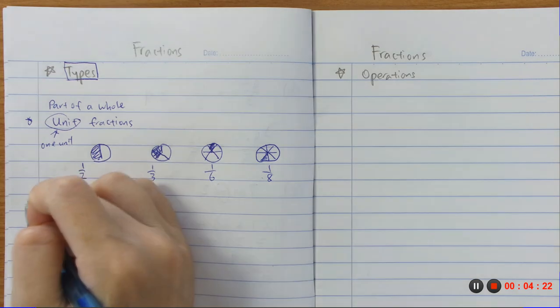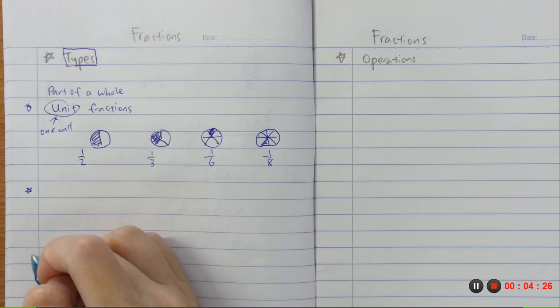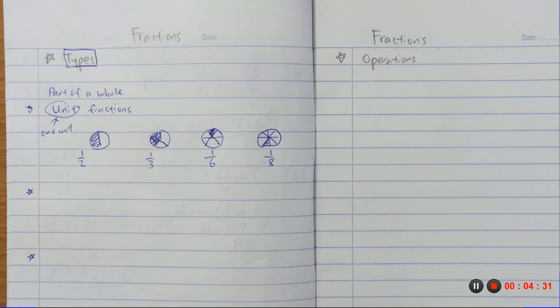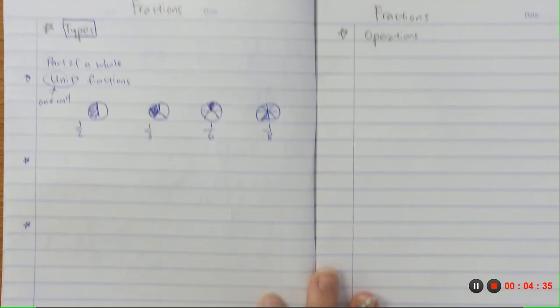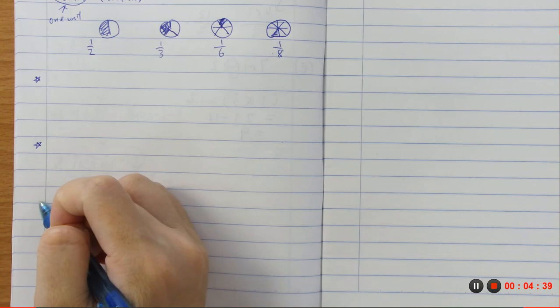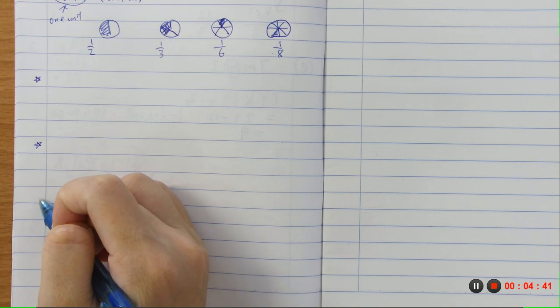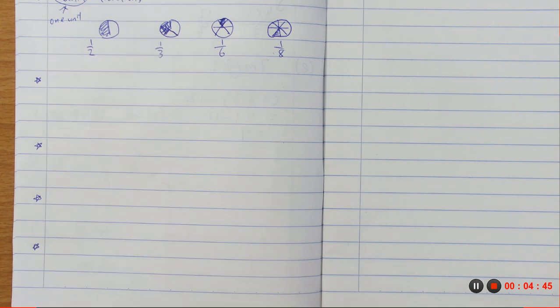Okay, then I have 2 different kinds. I'm going to write 2 different kinds here. I'm going to just write the important ones, okay? I'll write some examples to show you.